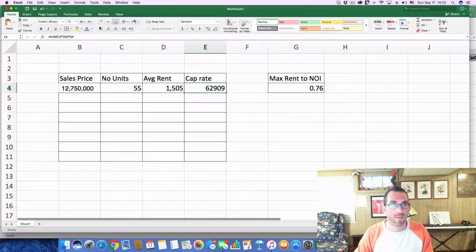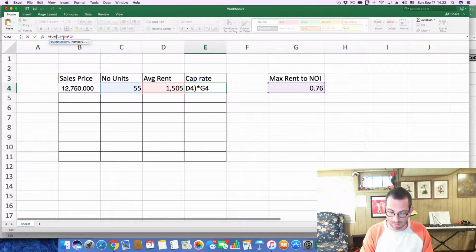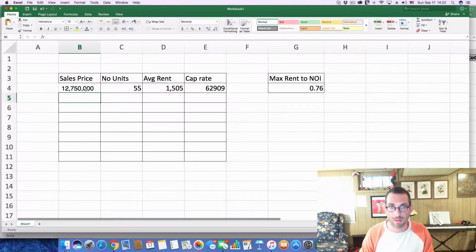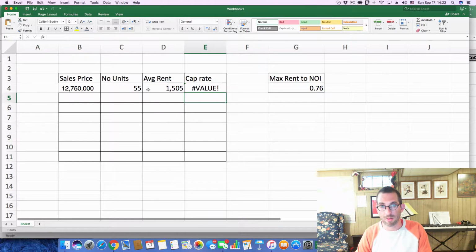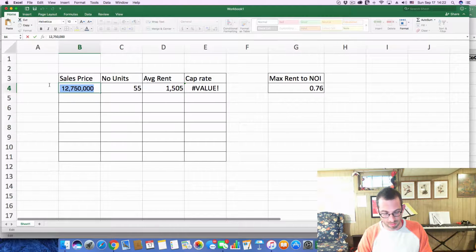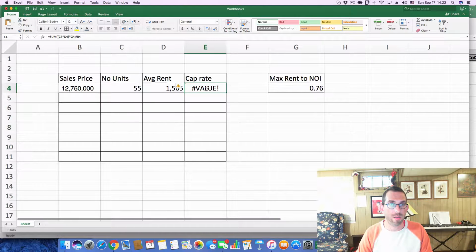But that's not enough, and all of that, I'll explain what I'm doing in a second, we want to divide by this. Divide that by this. And that's not working. Let's see if we delete that and put it in like this. Does it work then? No, it's still not working. Why not?